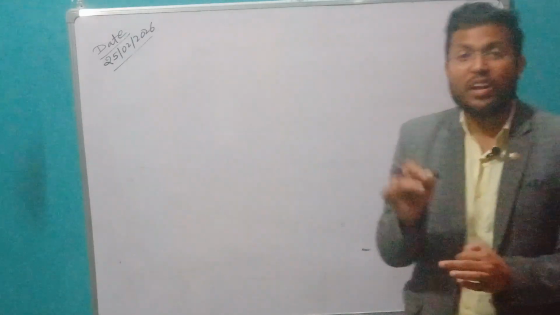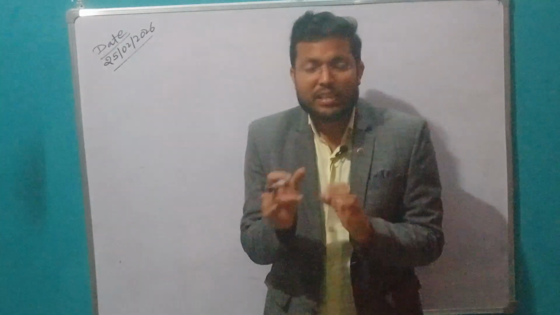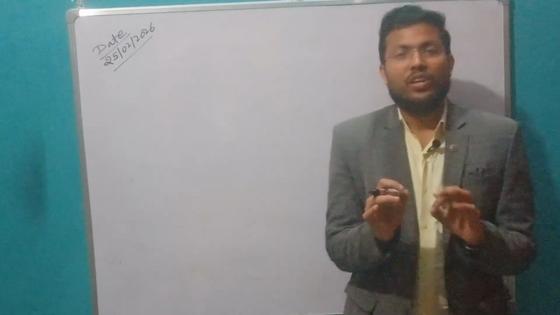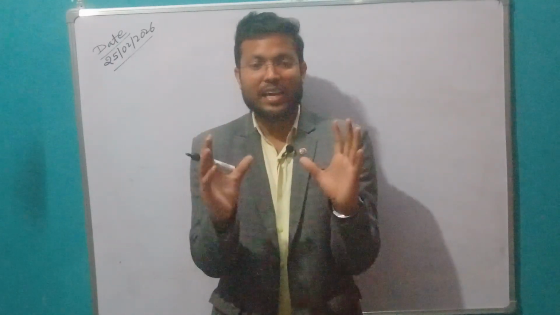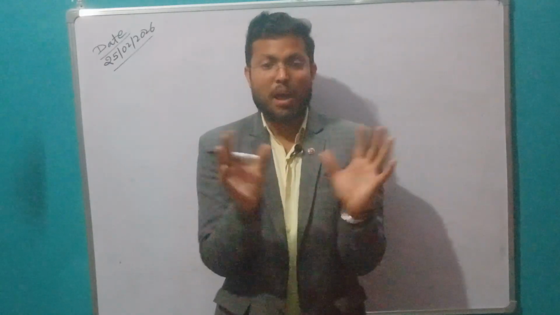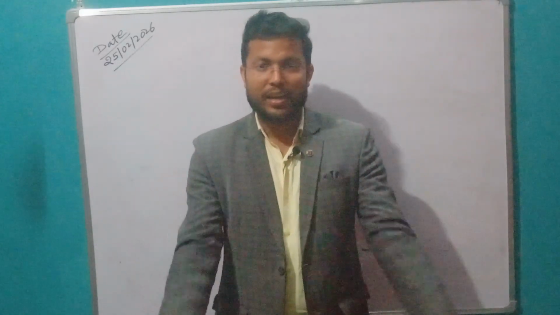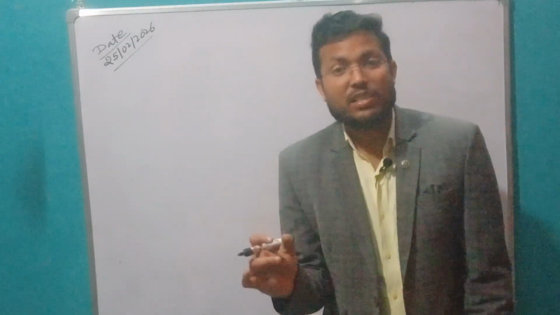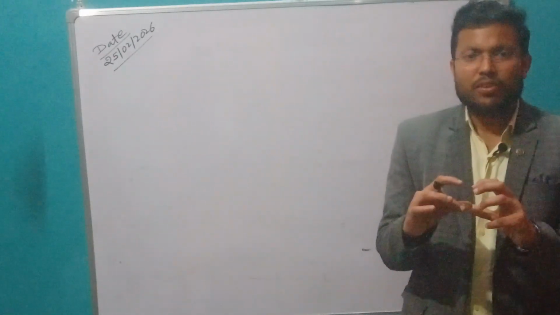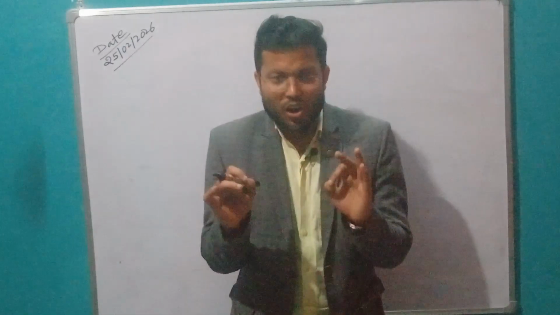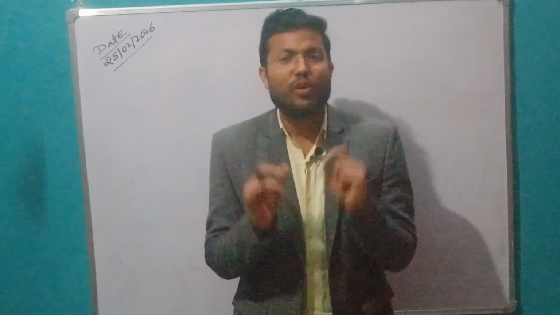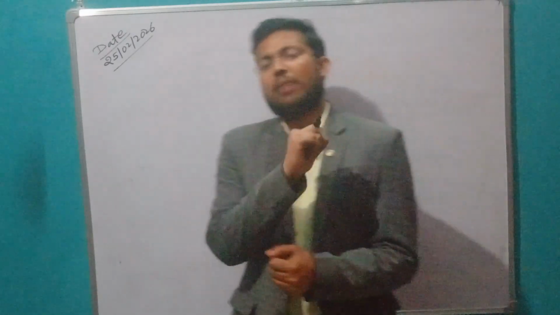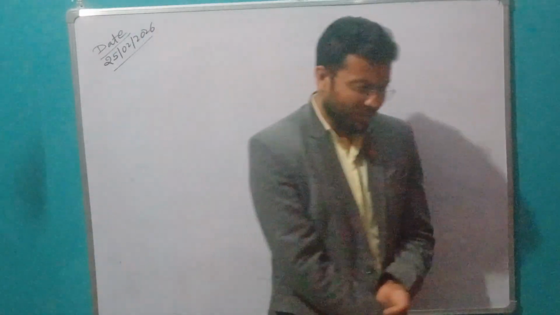Your eye only works when light is present, because your eye is very sensitive. It is always active, but only when light is present. Okay? Today I explain what light is.